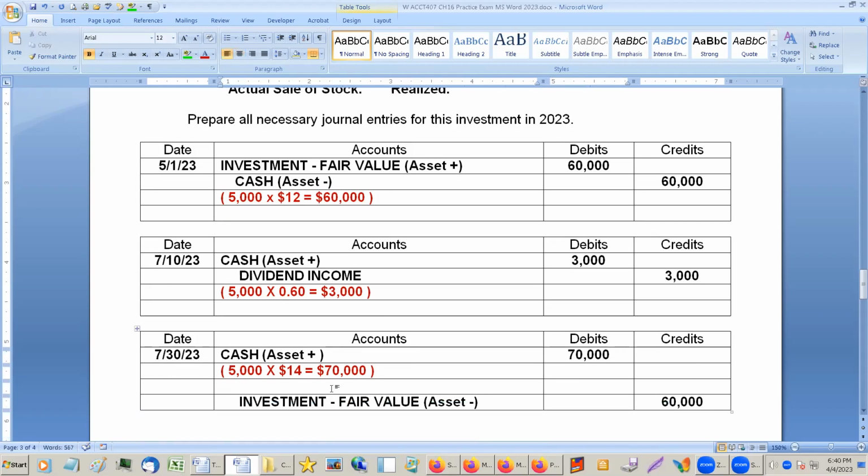And so what will this be? $10,000. Gain on investment. So gain on sale of investment, yeah, this is a realized gain. You can put that in there if you want.